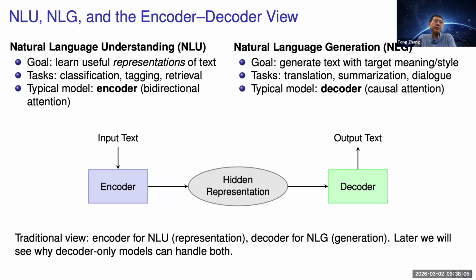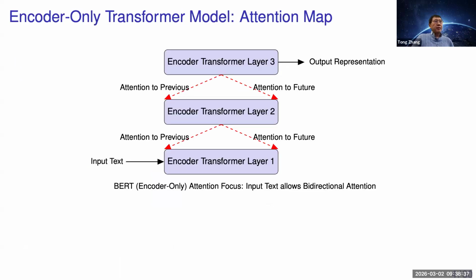Actually, GPT-3 itself, the best paper in 2020 or 2021, already had this flavor. We'll probably say a little bit about that and why this happens. But anyway, that's the traditional view, so we will start with this view. And the encoder is still useful, by the way. It's not that it's not useful anymore, it is useful.